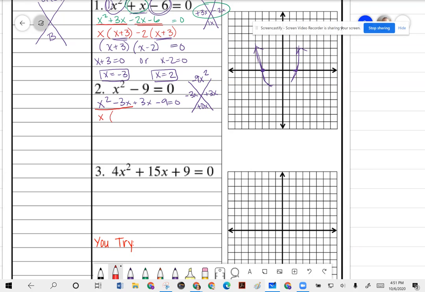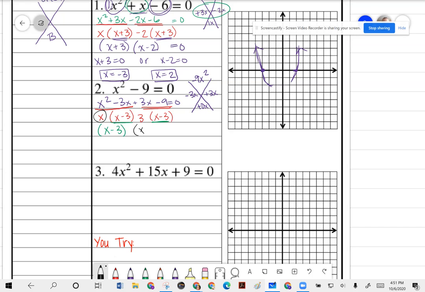They both have an x in common, so I'd have x minus 3. This has a 3 in common, so I'd have x minus 3. I know I'm on the right track because I have the same x minus 3's. And then remember, at this point, you are pulling the leftover.